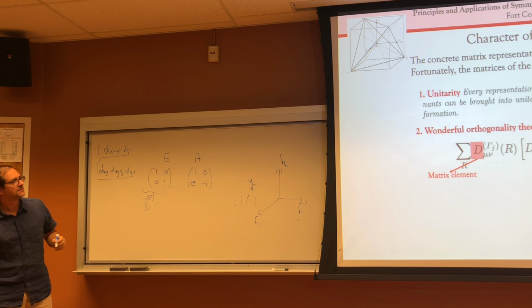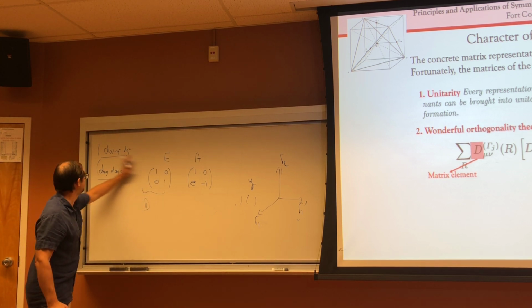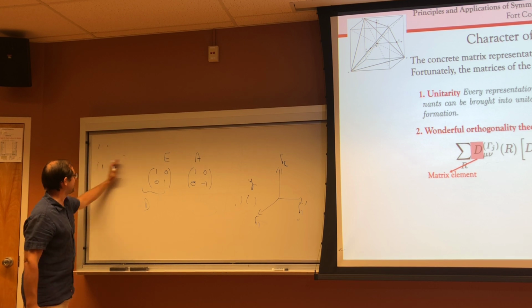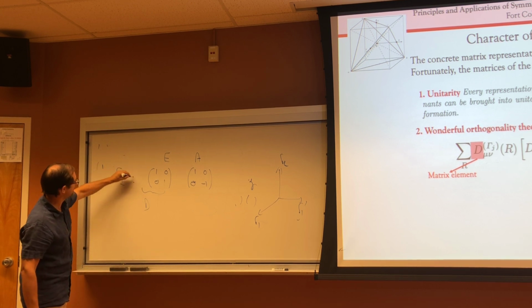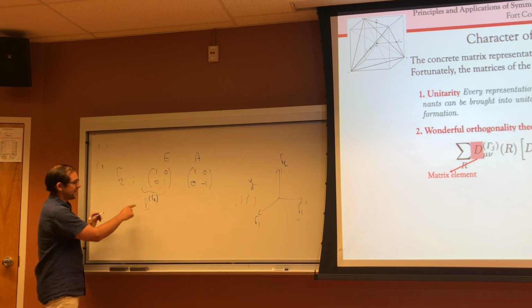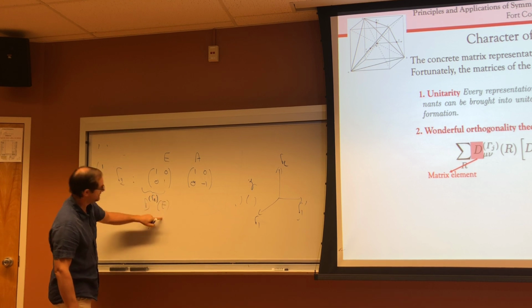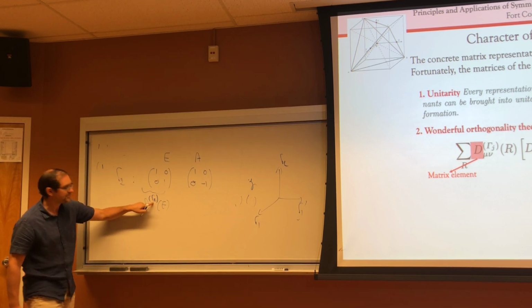this particular... Sorry, actually, this is the gamma 2 representation. Right? It's a gamma 2 representation. So it's the matrix of transformation E in the representation gamma 2.